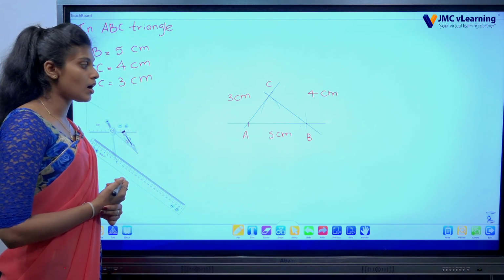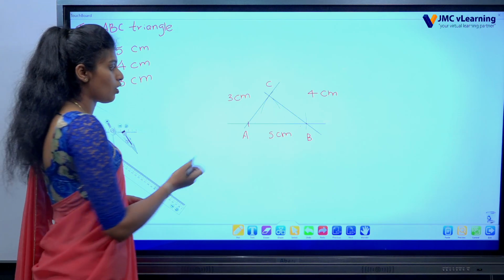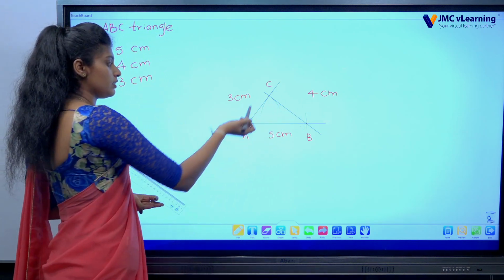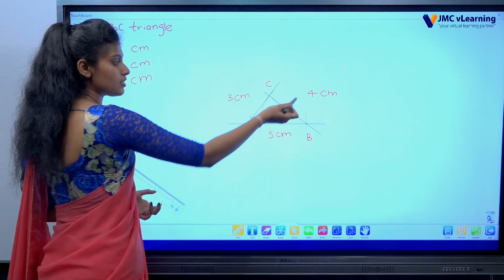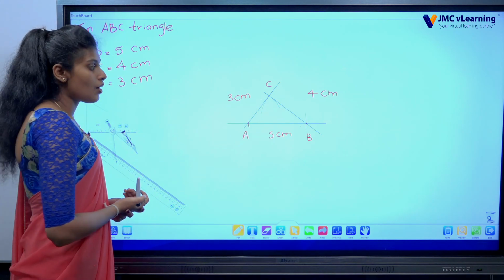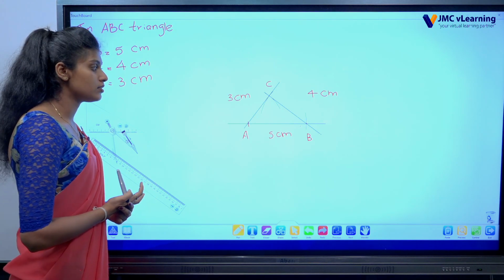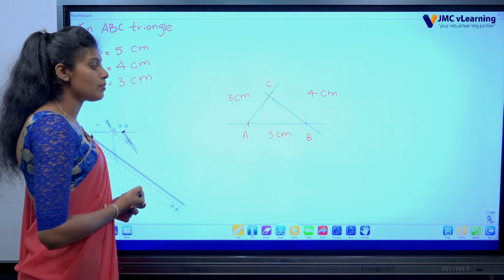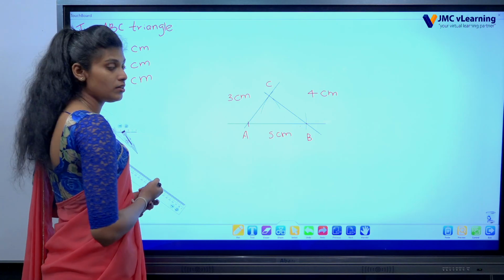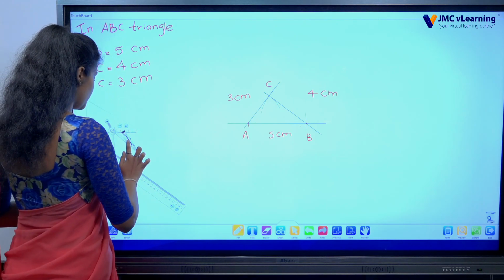Now you have to mark the middle point of these two sides. This one is 3 cm and this part is 4 cm. What is the midpoint of AC? Where you have to mark the midpoint? You have to mark the midpoint in 1.5 cm.